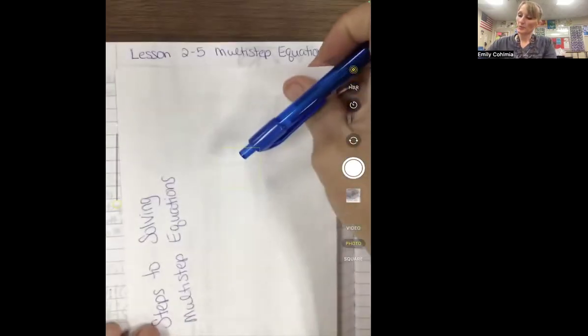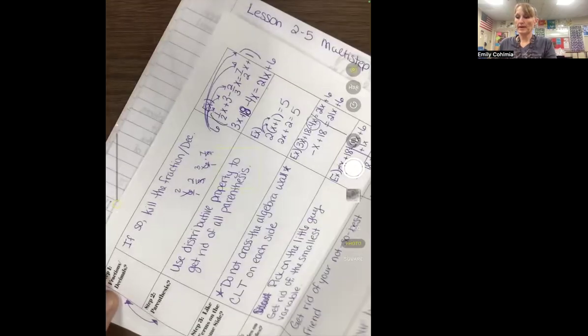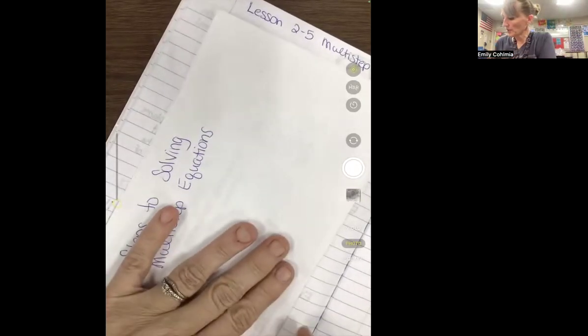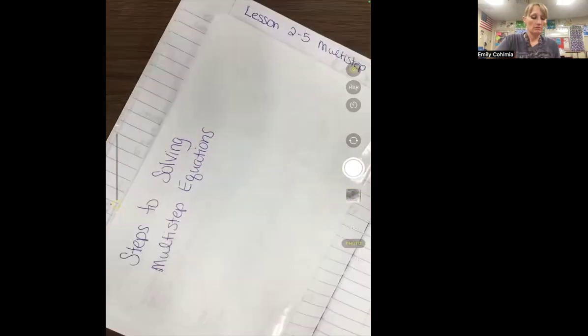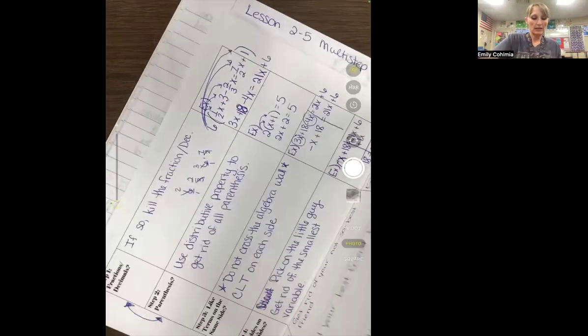And we're going to turn it sideways and tape it into our iNotebook in a way that we can open it later and look back at what we've done, just to make sure that we have something that we can remember. So I'm going to tape this guy down. And we're going to do more examples like this in class together.